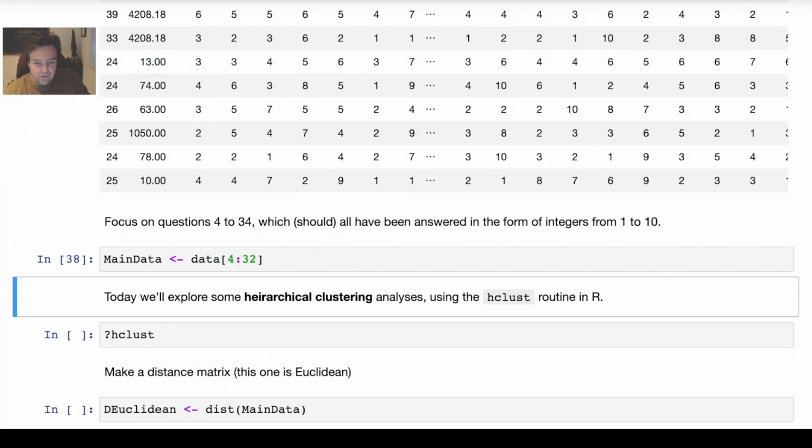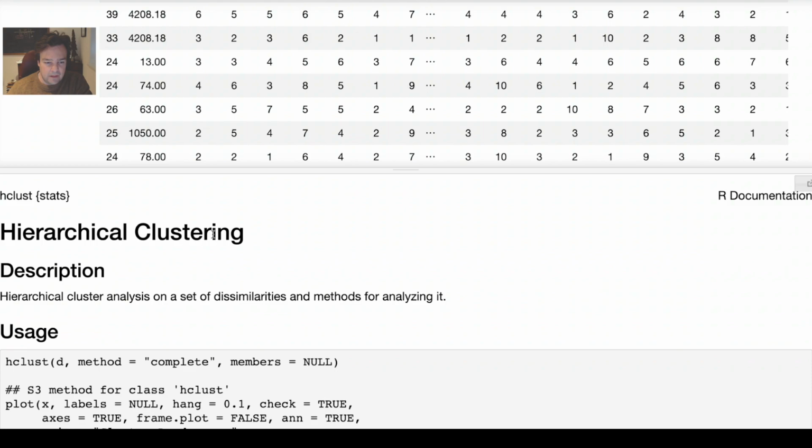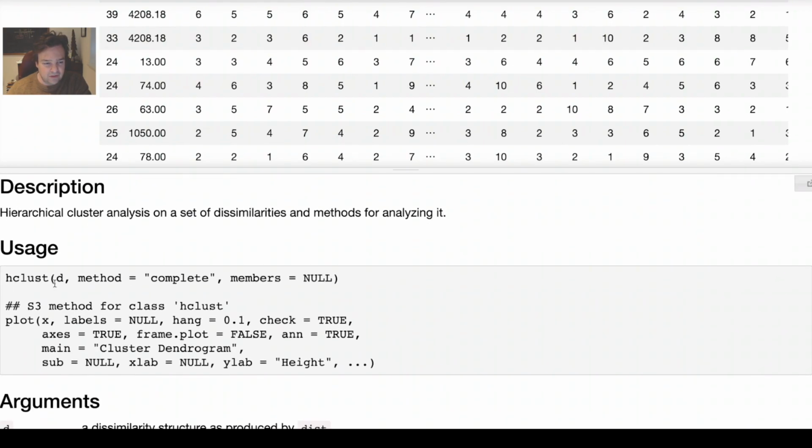And again, we're going to focus on hierarchical clustering today. The routine that we will use to do that in R is called hclust. And of course, you could run the help file here to take a look at it, and I'll just do it really quickly. You can see the number of things that it gets as inputs.